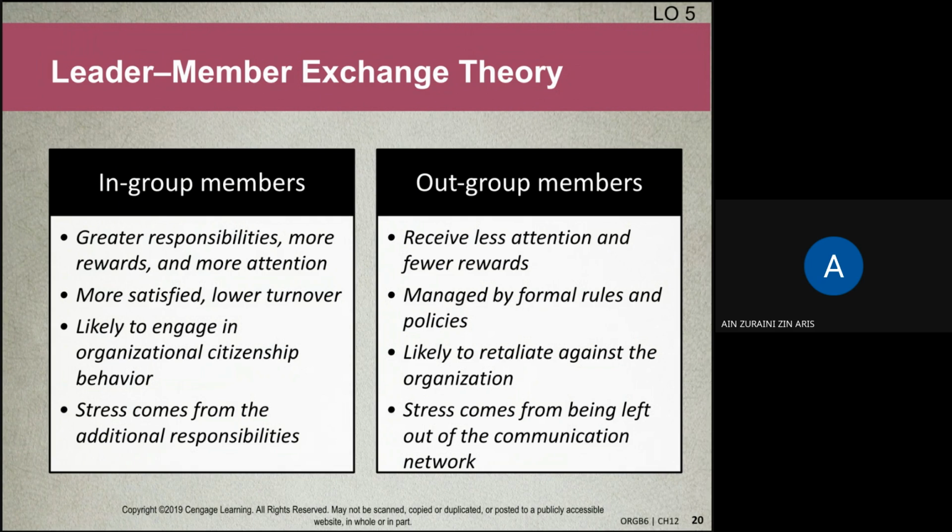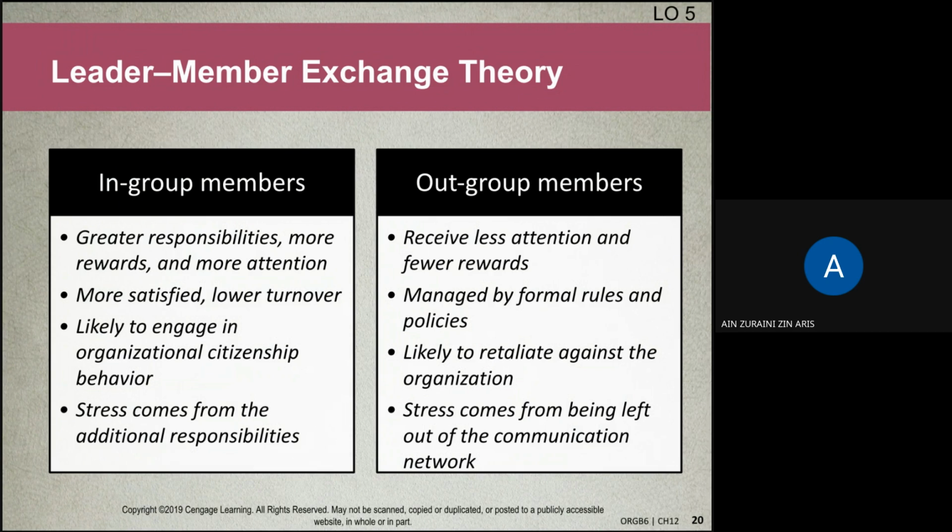LMX theory suggests that leaders don't treat all subordinates or employees the same. Instead, they form unique relationships with each team member. And the quality of these relationships can impact motivation, performance, and satisfaction.